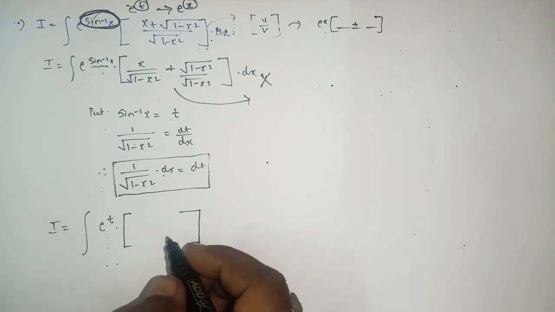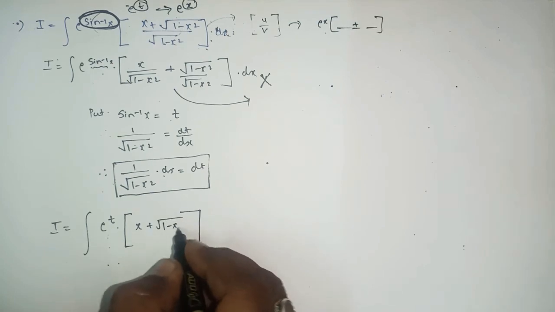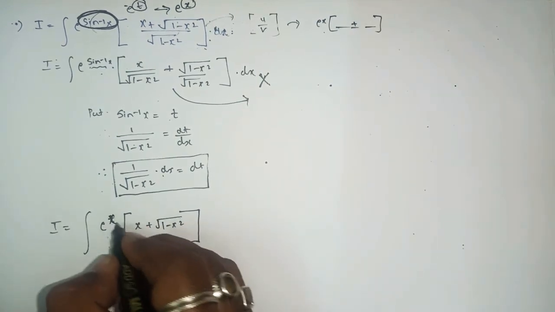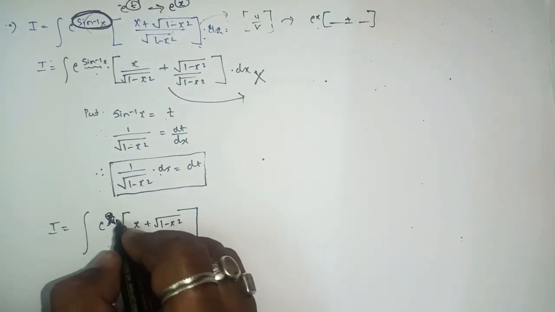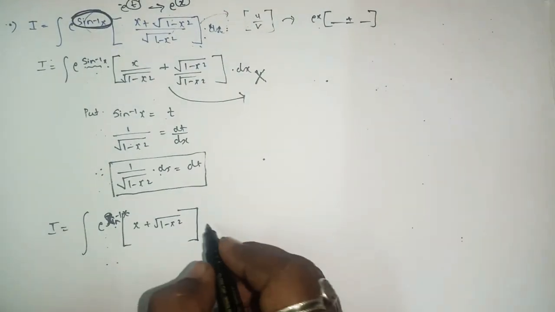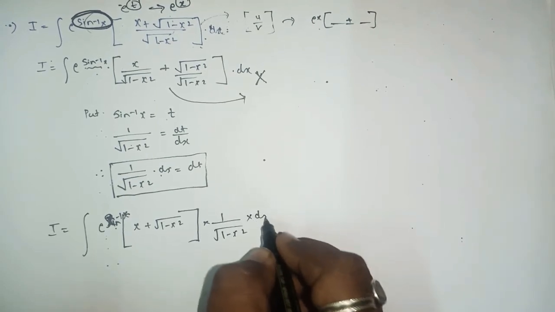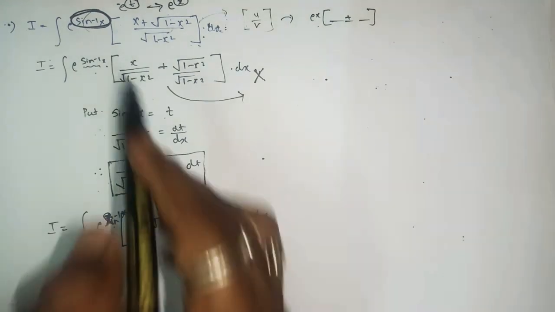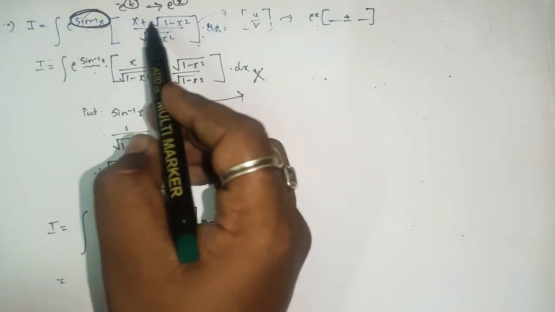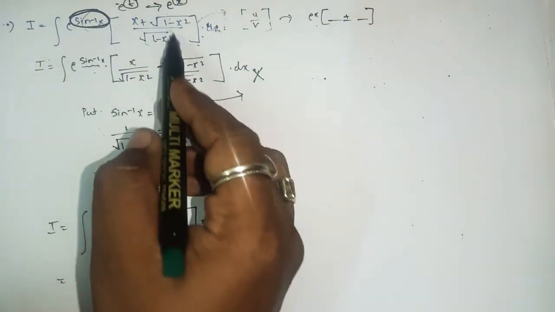Okay, now listen here. Can I separate this term like this? First we'll write the same question, then after that I will explain. Into 1 upon root 1 minus x square into dx. Can I write this section like this? E raised to sine inverse, then write this part separately.